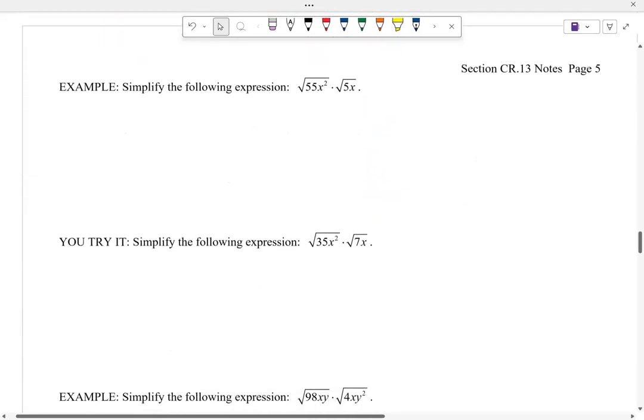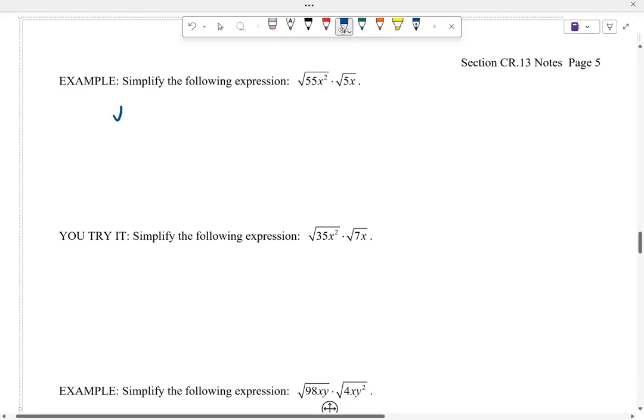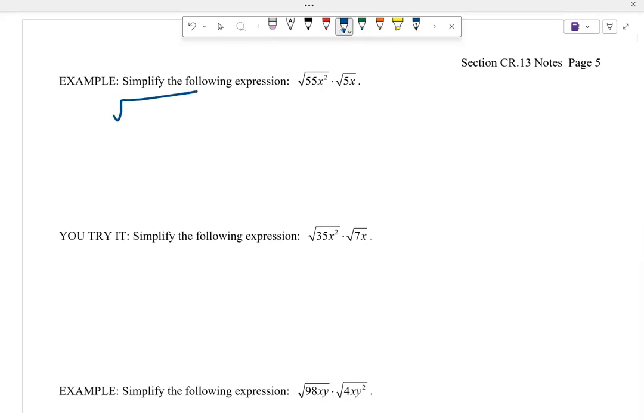Let's move on here. Now here, I'm not going to multiply 55. I can put these all into the same index. They're both square roots. So I'm just going to multiply 55x squared times 5x. And then I can multiply 55 and 5. Now I'm not going to put them together because I know 55 is 11 times 5. And I have that other 5 from the 5x.